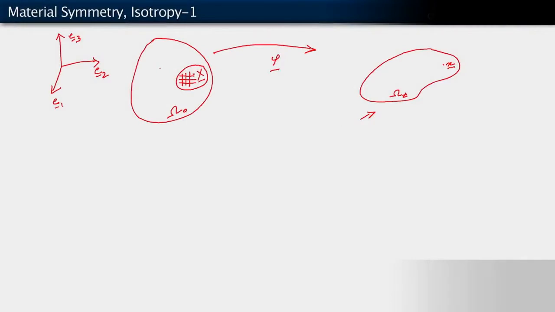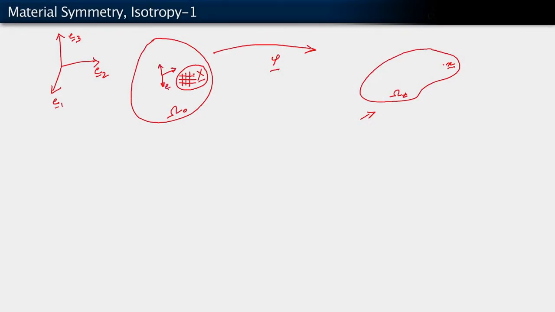In particular, what we want to do is the following. We want to say that, you know, these axes that I've drawn outside, the bases that I've drawn outside, let me suppose that I actually scribe the same basis or the same coordinate system on the material here. Okay?